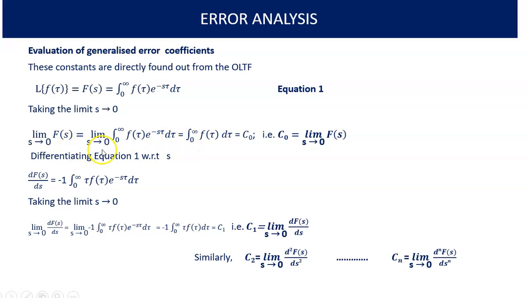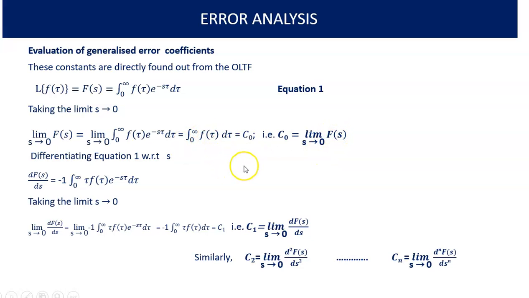Applying the limit as s tends to 0, e raised to minus s tau is equal to 1, therefore it's equal to integral 0 to infinity f(tau) d tau, that's equal to C0. That is, C0 is equal to limit s tends to 0 F(s).